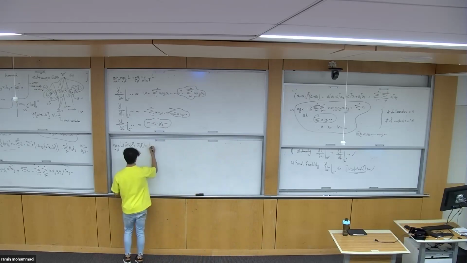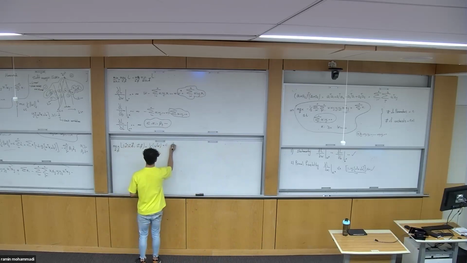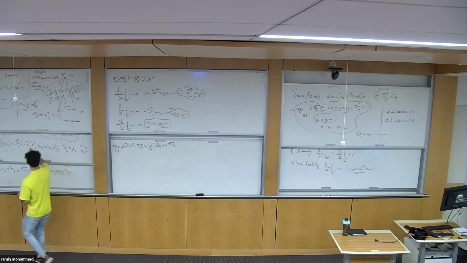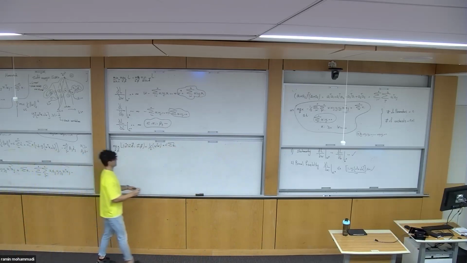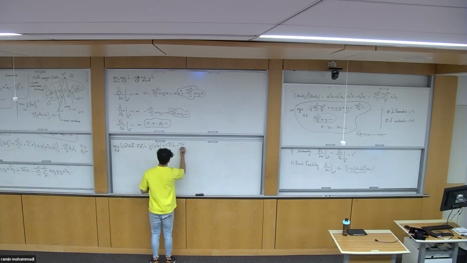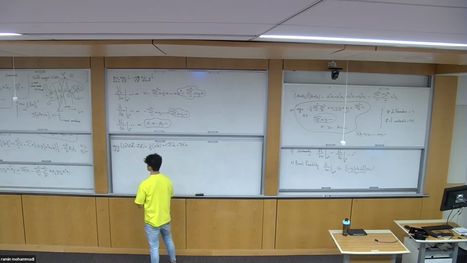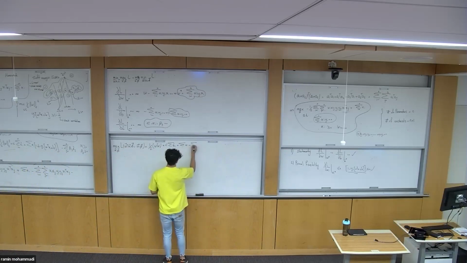So this is 1/2 W transpose W. We have plus C summation of sigma I. Let's expand this one. We have summation of alpha I, then minus summation of alpha I, sigma I.